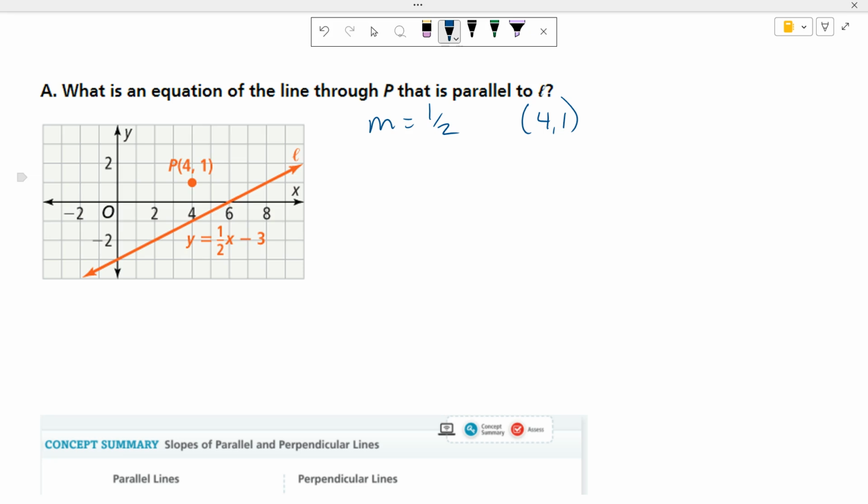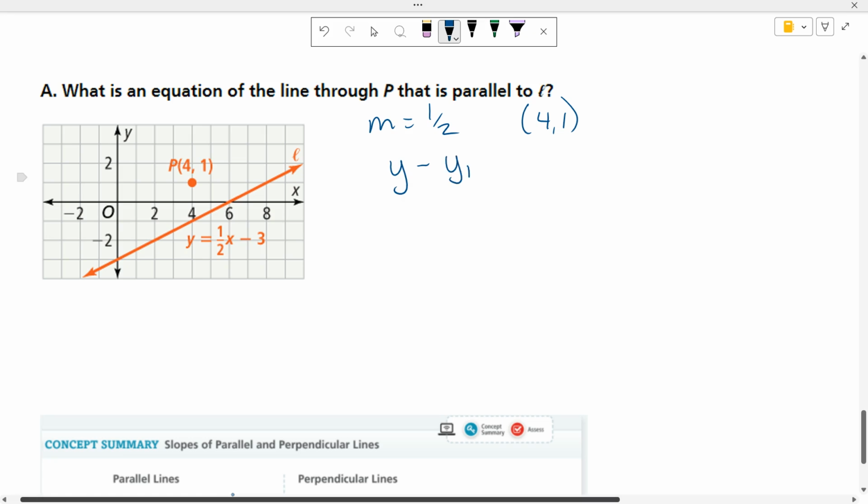Point slope form. Jackie has it written down already. It is y minus y1 equals m times x minus x1, where this one is x1, y1. So you go y minus 1 equals the slope of 1/2 times x minus 4.